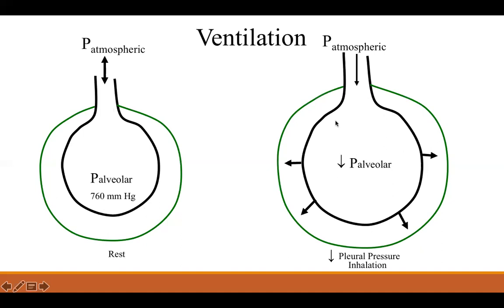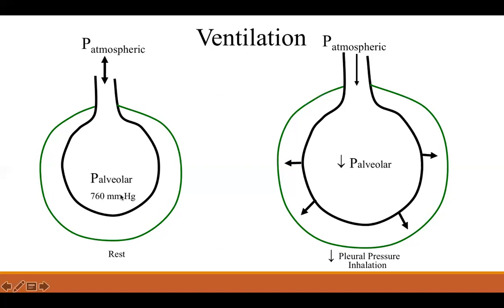Okay. And now during inspiration, what's happening? You could see the size of the lung, it has expanded, right? It has expanded. And the chest, the green line is supposed to be the chest cavity, the black line is supposed to be the lung, and now the space here is the area into which the lungs would expand. So the expansion of the lungs decreased alveolar pressure.